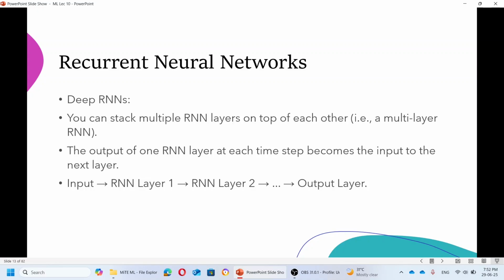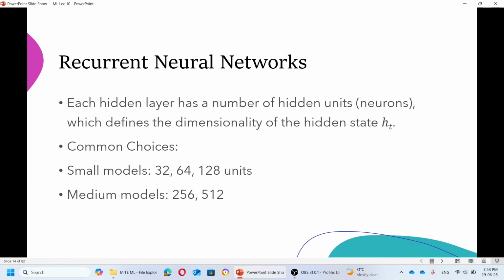You can stack multiple RNN layers on top of each other. The output of one RNN layer at each time step becomes the input to the next layer. You can have multiple layers as well. Commonly, we have got 2 to 3 layers in RNN. More than 4 layers is rare. Each hidden layer has a number of hidden units or neurons, which defines the dimensionality of hidden state h.